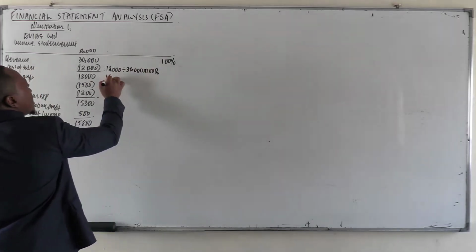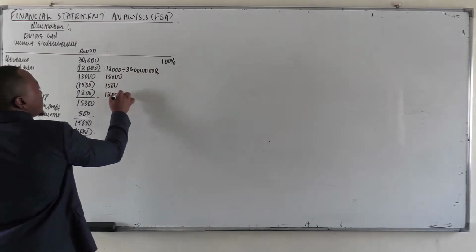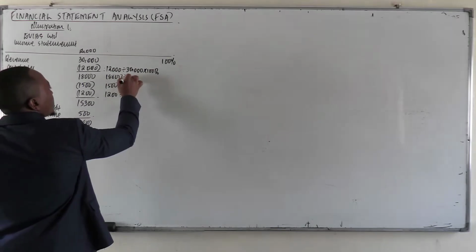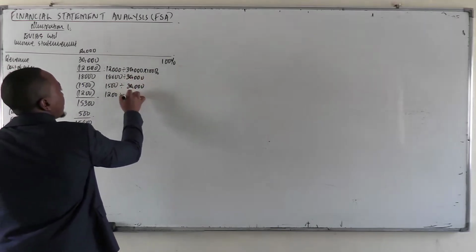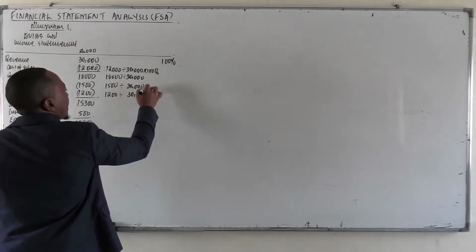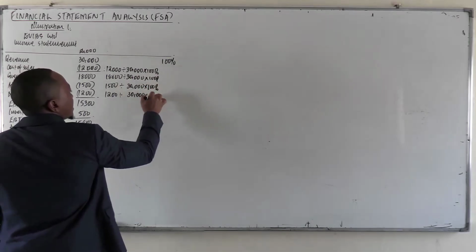Here you'll be taking 18,000, 1,500, 1,200. You're expressing them as a percentage of sales. Then they should be expressed in percentage.